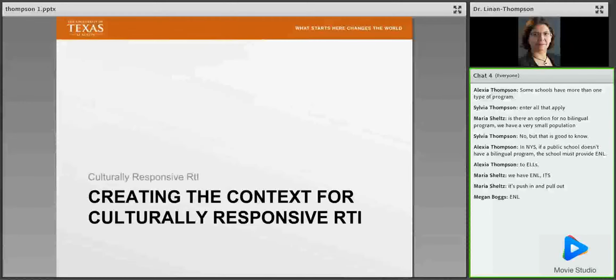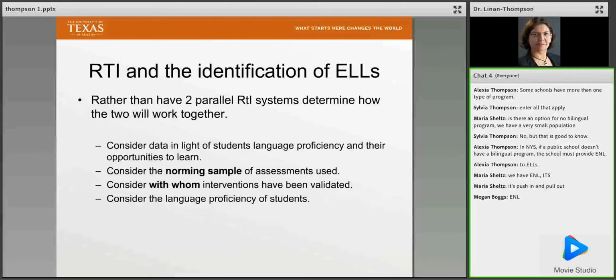So what can we do to create the context for culturally responsive RtI? What I started out saying is, rather than have two parallel RtI systems, determine how the two will work together. The things we've talked about: consider data in light of students' language proficiency and their opportunities to learn. I know many of you responded that you have ESL programs.